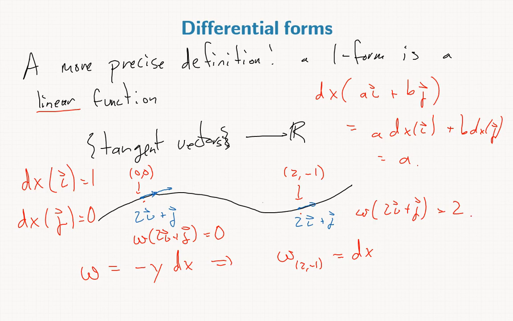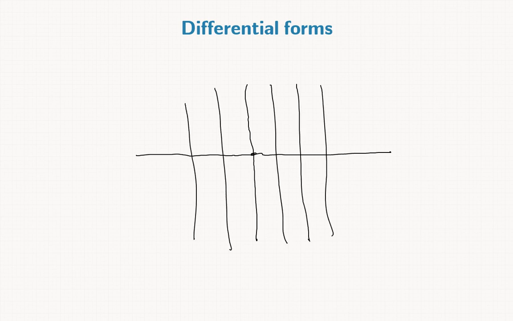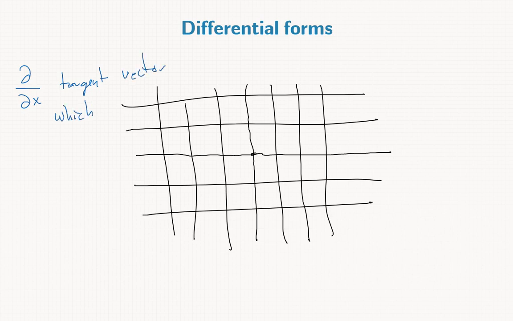So if we draw a grid, a Cartesian grid, then I'm going to write del by del x for the tangent vector which is i everywhere. So here, this would be del by del x.